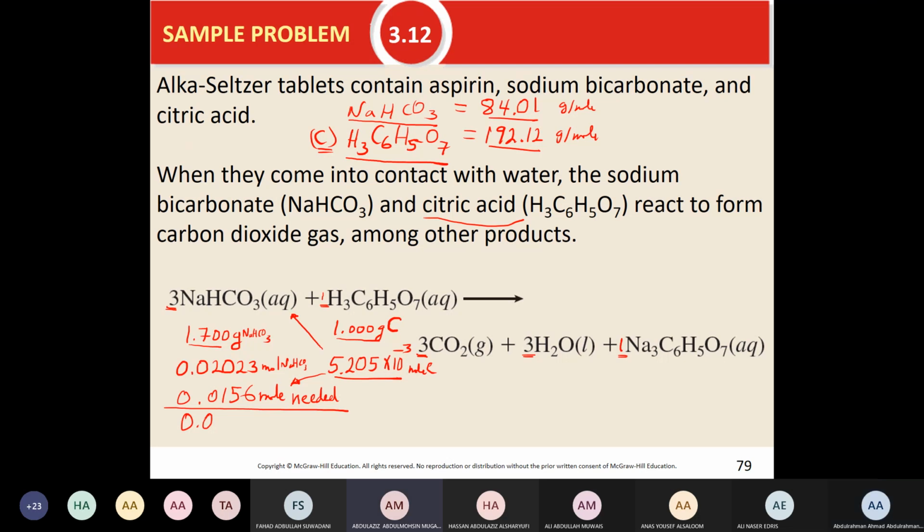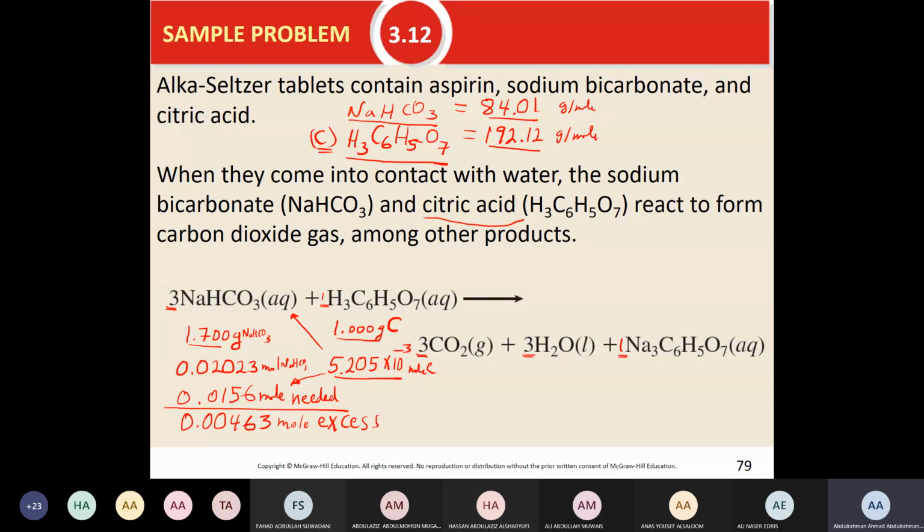4.6 times 10 to the power of minus 3. Give me one number. 4.6 what? Mole. What's this? The excess. Don't forget this, excess. All right.